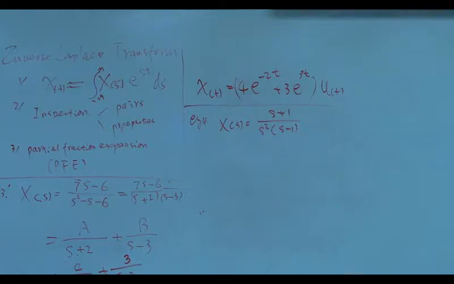First one, we need to factorize the bottom. What is it? What's on the bottom? s times s times (s minus 1), right?